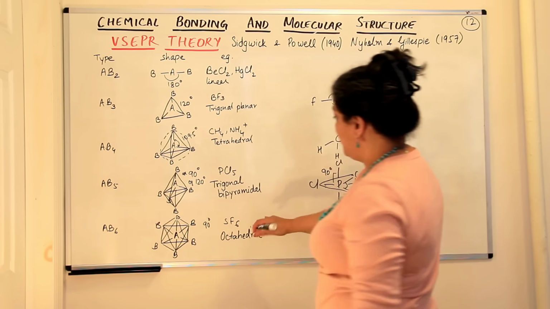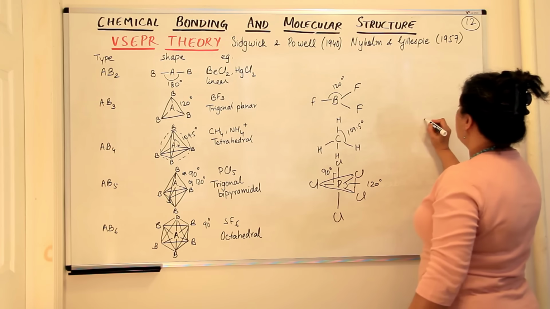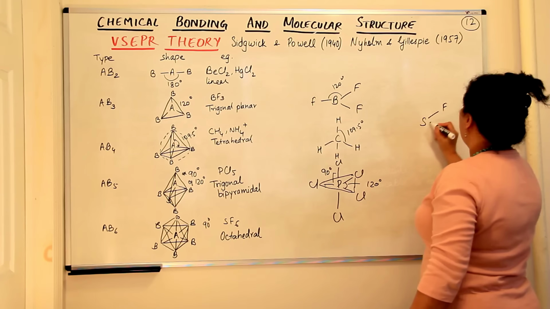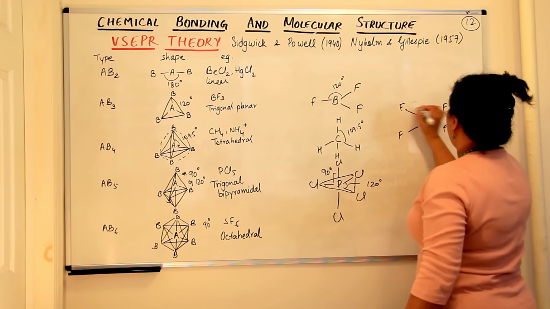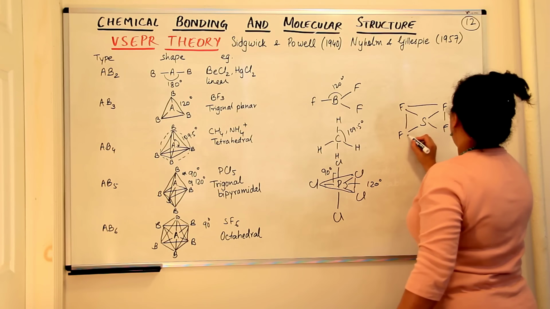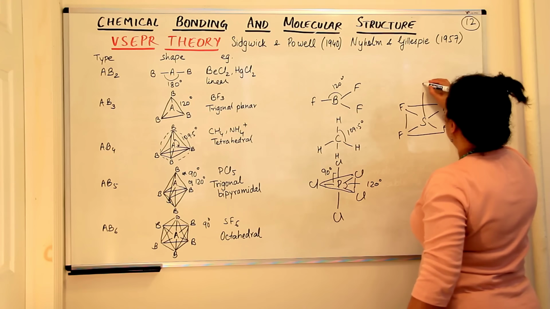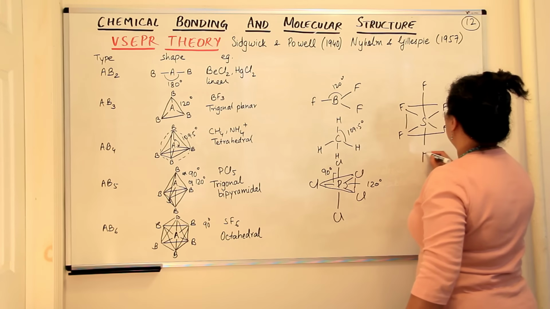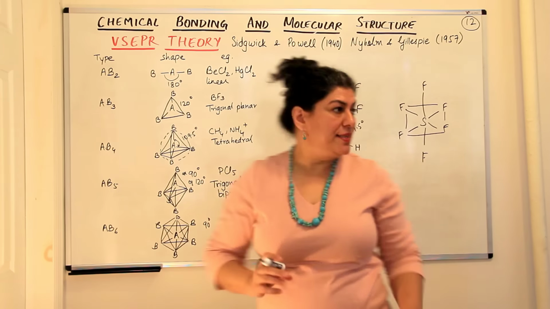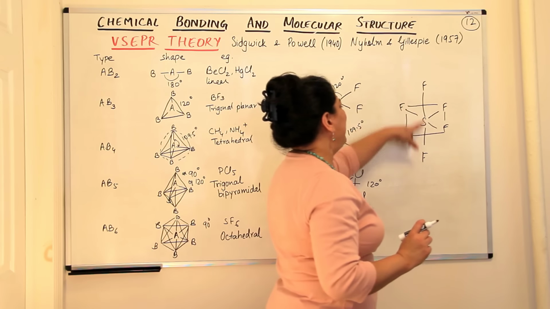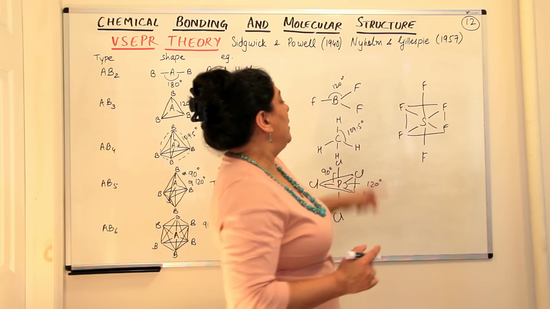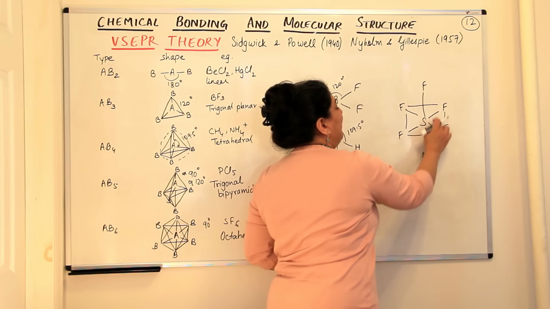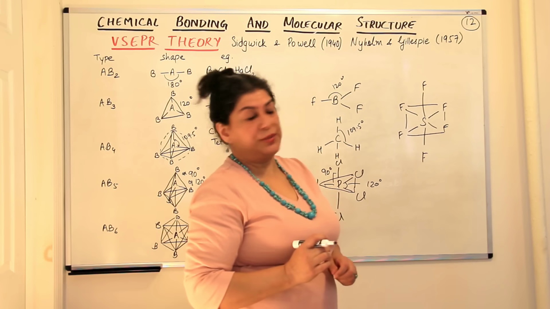And if I only had to make the structure for SF6, I would make S, and the 4 F's I would make as a square again, and these form an equatorial square and 2 axial bonds. For the sake of convenience, I make these slightly longer, or even if I made them the same length, they would have fallen outside this line. So there you have 2 axial bonds and 4 equatorial bonds.